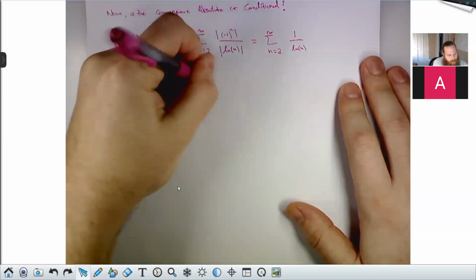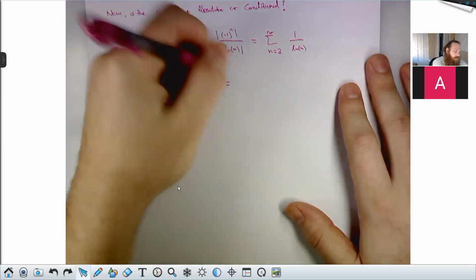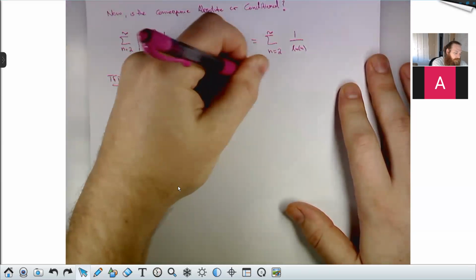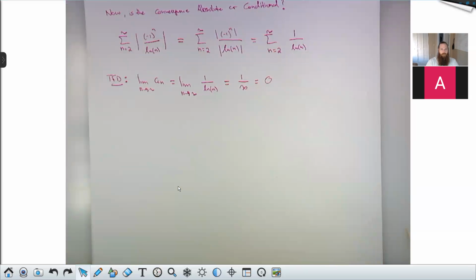Well, here the limit of the a_n's is the limit as n goes to infinity of 1 over the natural log of n, which is 1 over infinity, which is 0. So what do we learn from this? Yeah, not a thing, unfortunately. TFD says if the limit of the a_n's is not 0, then the series sigma a_n diverges. But if the limit of the a_n's is 0, then that's inconclusive.